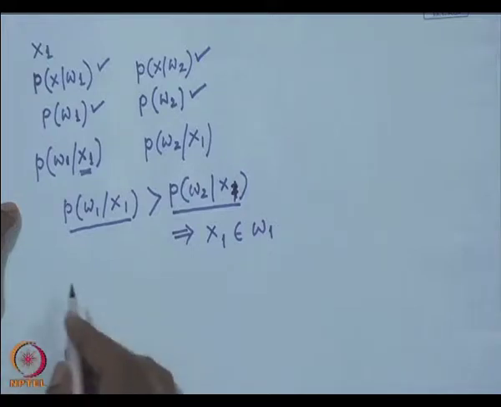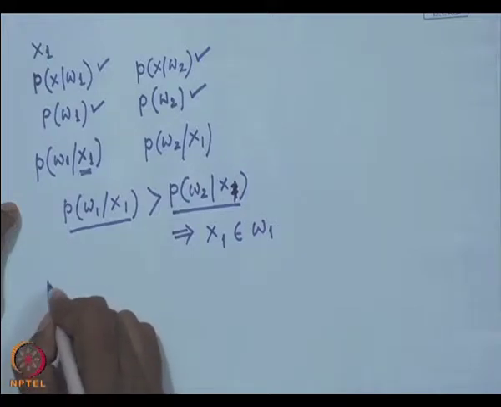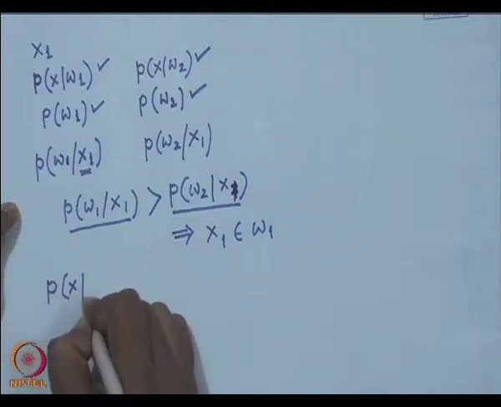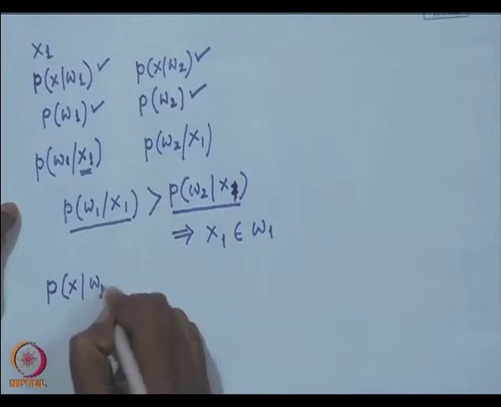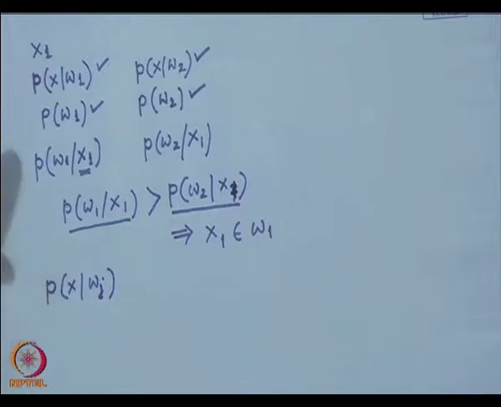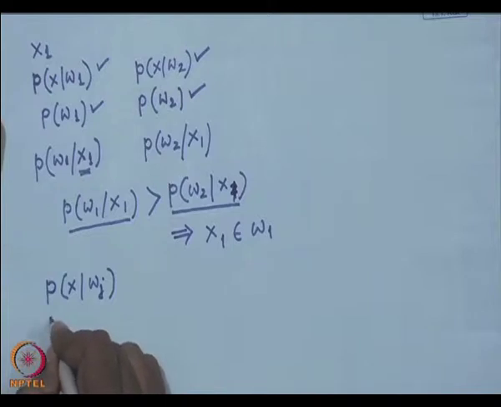Or in general, I know the class conditional probability density function p of x given omega j, which is the class conditional probability density function for the samples belonging to class omega j, and I also know the a priori probability of class omega j, that is p of omega j.